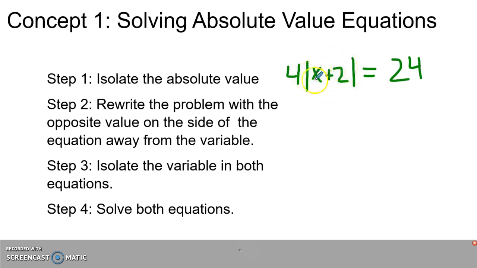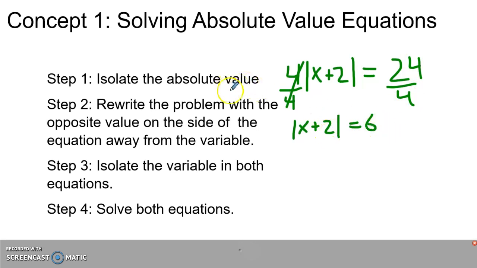Okay, you can't really mess with anything inside the absolute value until you've got the whole thing isolated on one side. So I have 4 times my absolute value, so I'm going to divide by 4, cancel, and I have my absolute value of x plus 2 equals 24 divided by 4, or 6.